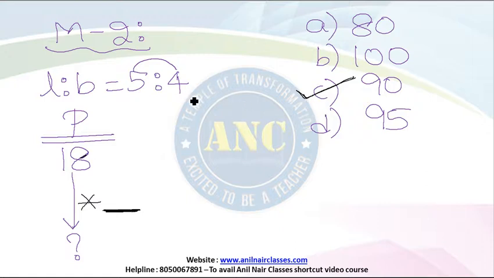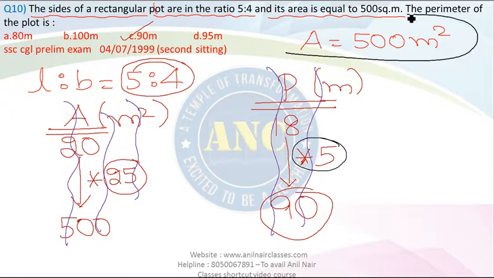If I assume the perimeter as 90, then if you really want, cross-check with your area, which should give you 500 meter square. But what I suggest is, 95% of the times your multiplying factor will always be whole numbers.